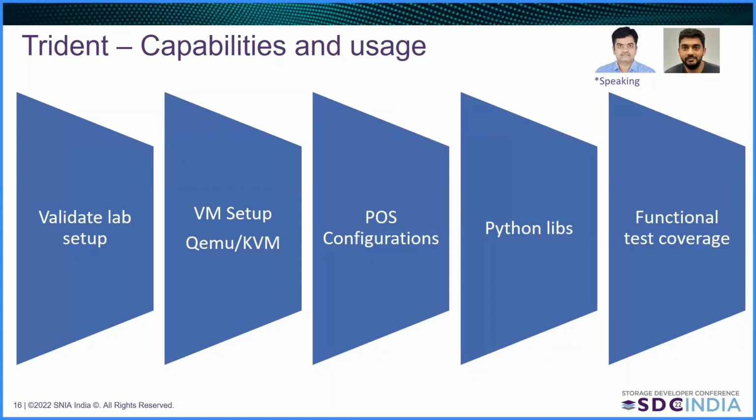Trident has a list of Python libraries developed. All these libraries utilize the Poseidon OS CLI commands. Also, other Python libraries such as Paramiko and even FIO are encapsulated into user libraries that can be utilized to create test scripts.